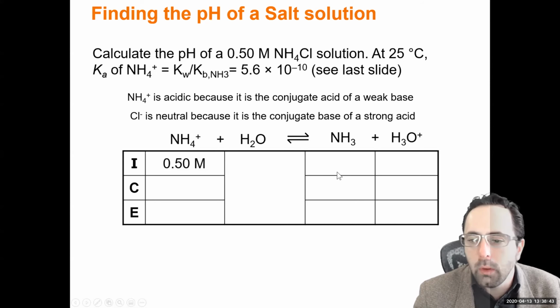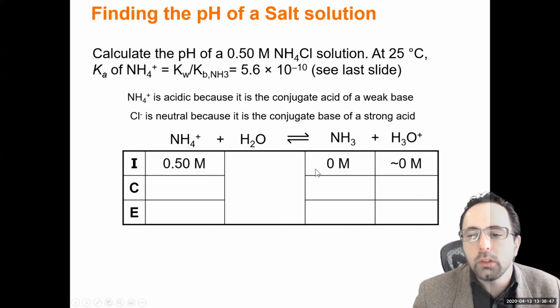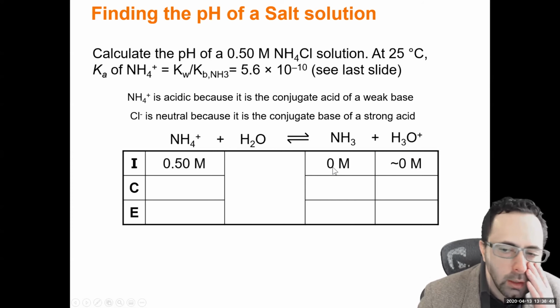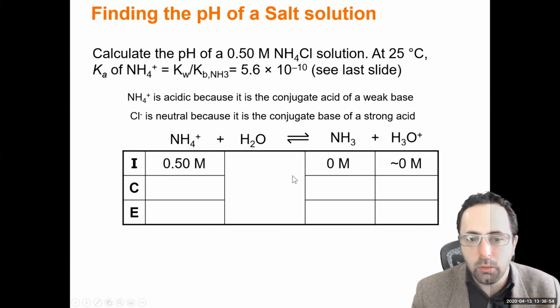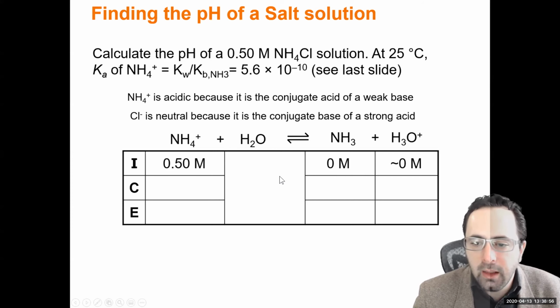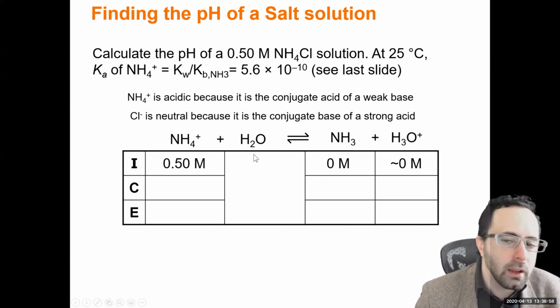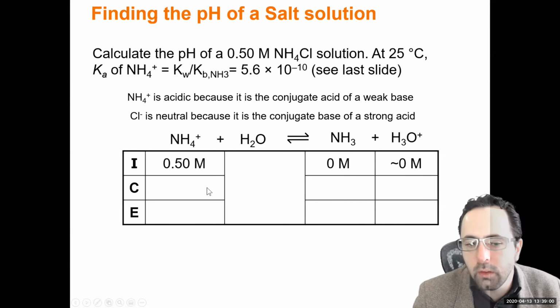We're going to start with no ammonia and about 0 molar of hydronium. Of course, there's always a little bit in water, but we're going to consider it negligible. And next, since there's no products, this reaction can't go backwards, it must go forwards. So we're going to put a minus x here, minus 1x, since there's a 1, plus x here, plus 1x, and plus x here.